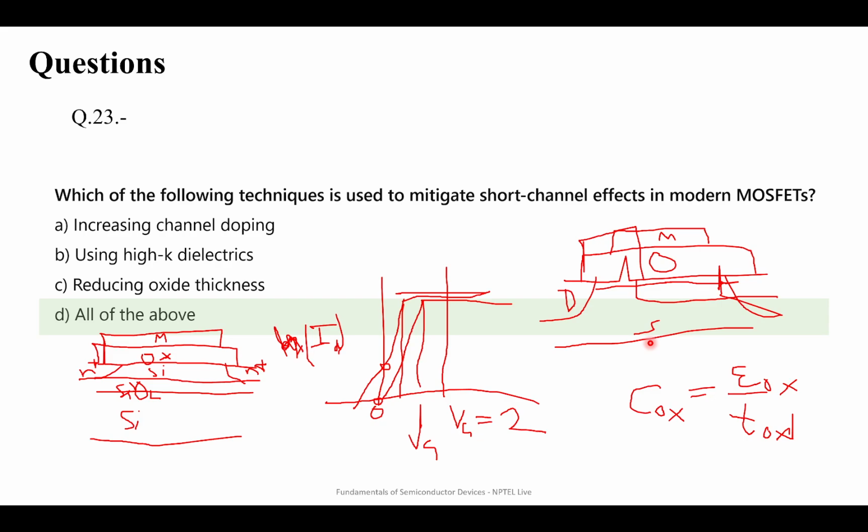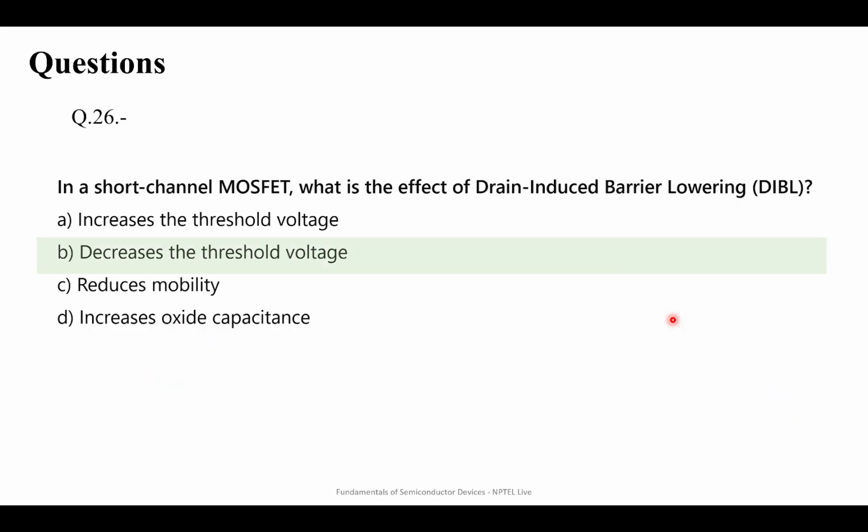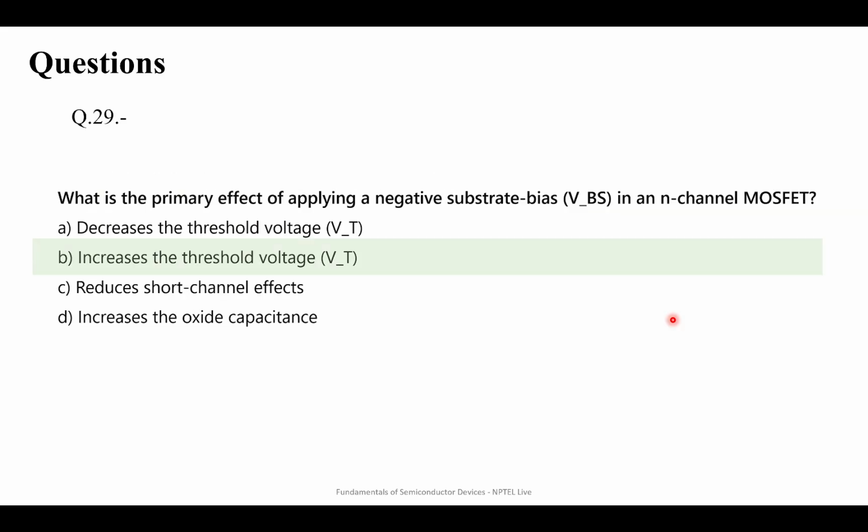But by applying a voltage on my substrate, I am increasing the power consumption also. This is what we call body effect, where my threshold voltage is dependent on my body also. In typical operation, my source and body both are grounded.